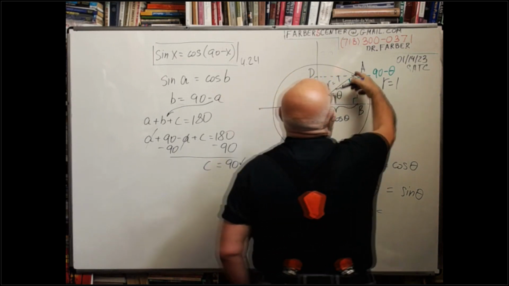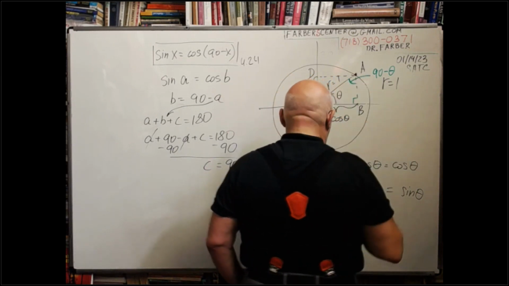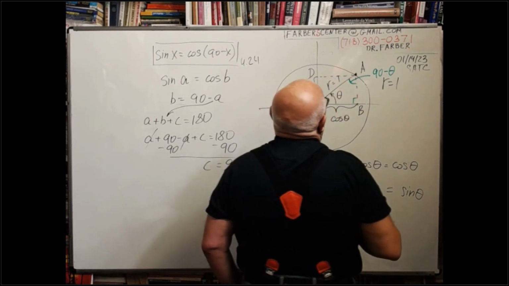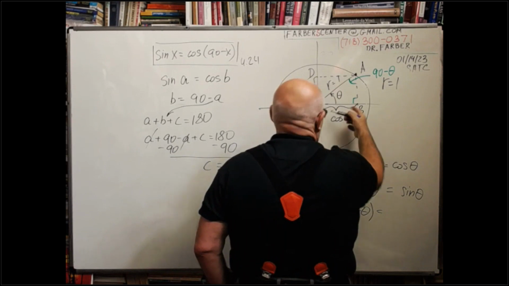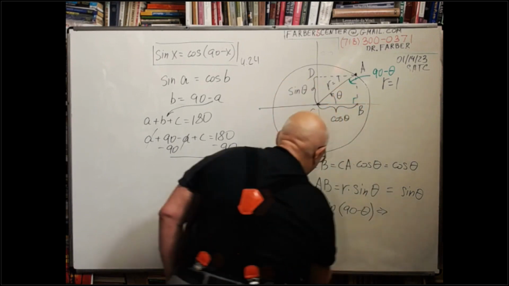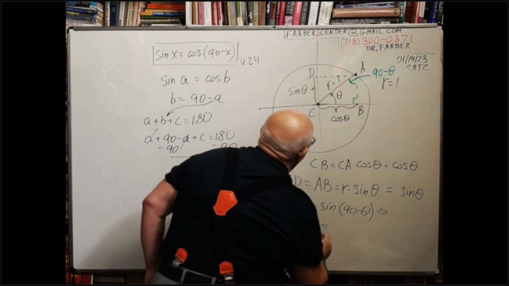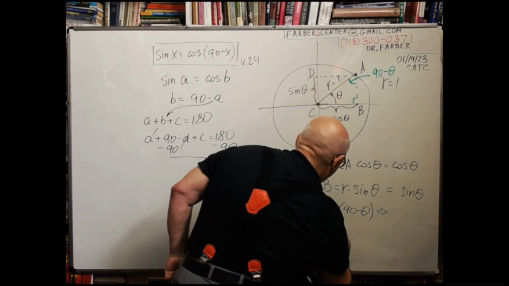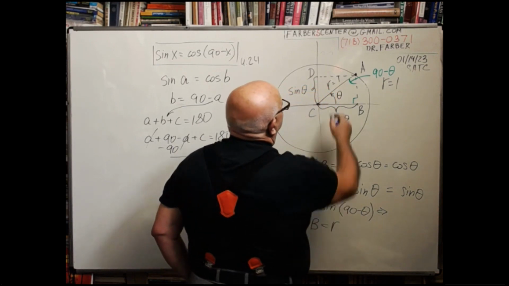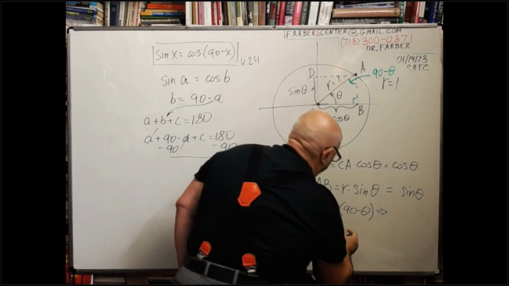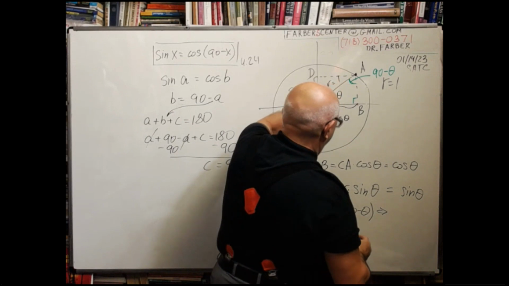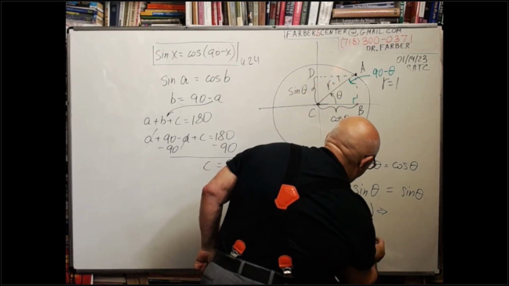If I use this one, I can easily write this CB from here. CB equals radius times sine. Why sine? Because it's opposite to this one, 90 minus theta.